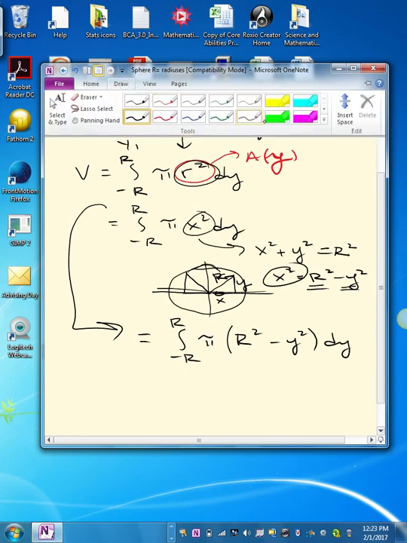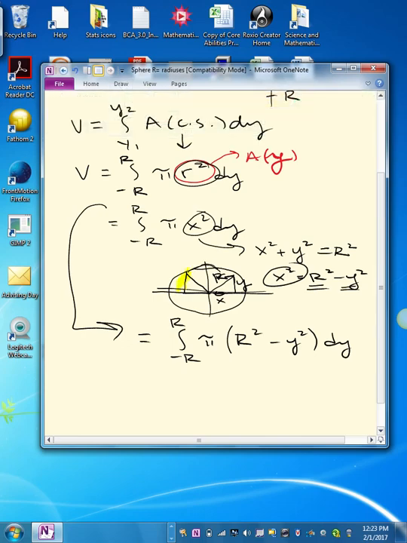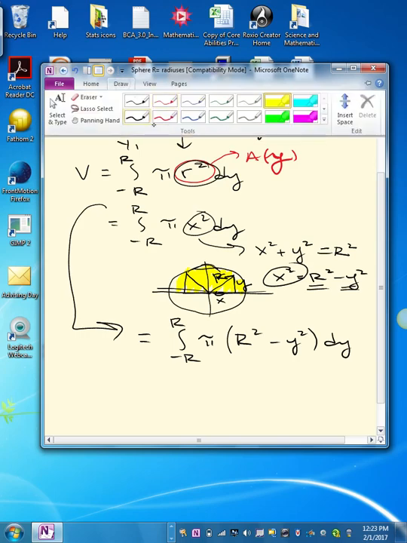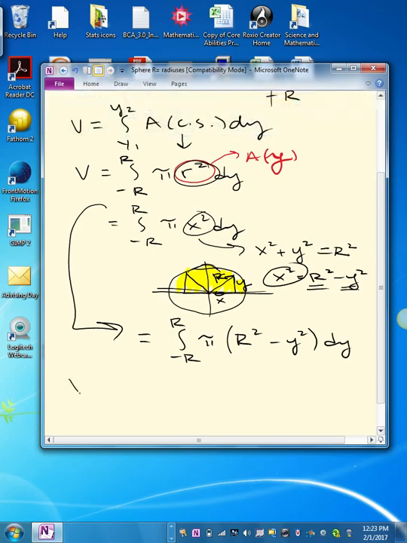So I am going to say that the area up above from 0 to R is equal to half the area from negative R to R. Just a nice way to clean things up just a little bit. So this is equal to 2 times the area from 0 to R. I really like 0 for a limit of integration.